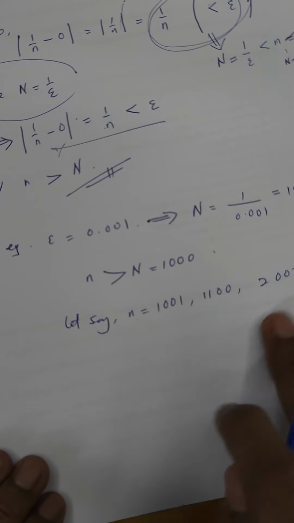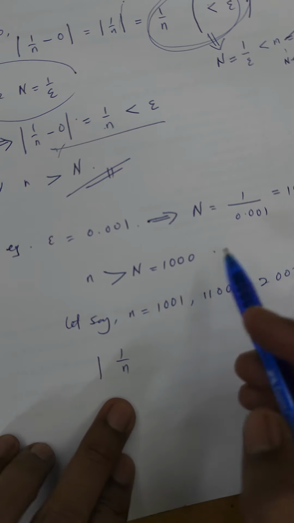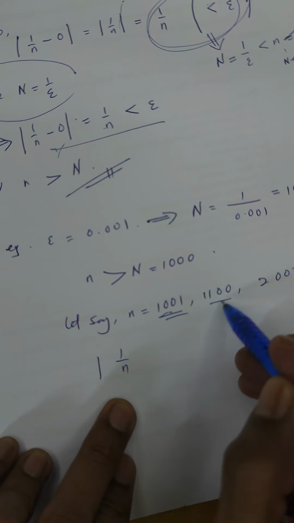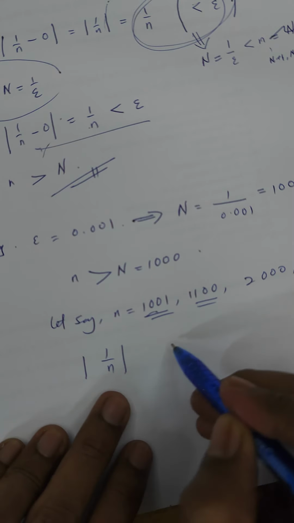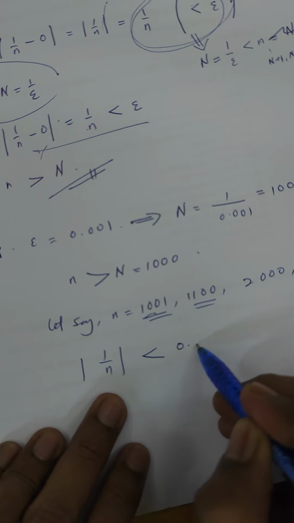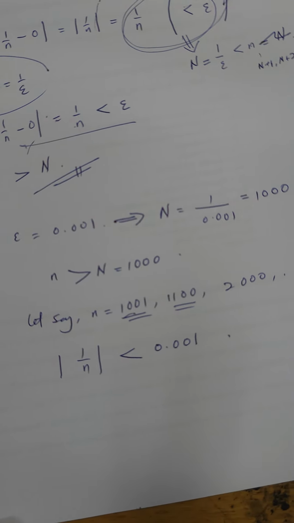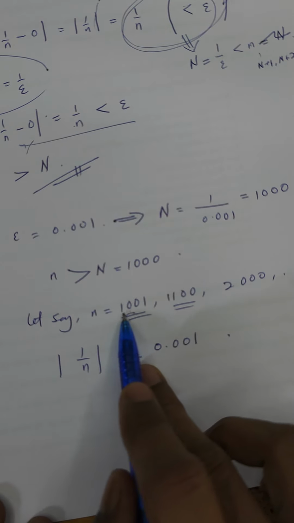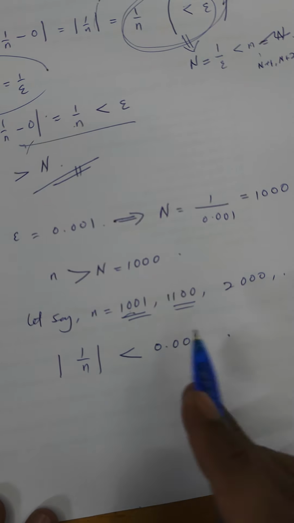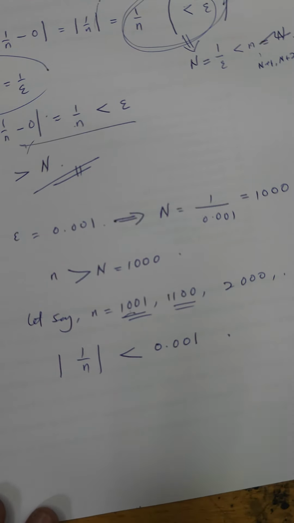What you can see is that 1 over n with this particular n, you can check using your calculator, is always less than 0.001. Take your calculator: 1 over 1001, 1 over 1100, 1 over 2000, and so on.